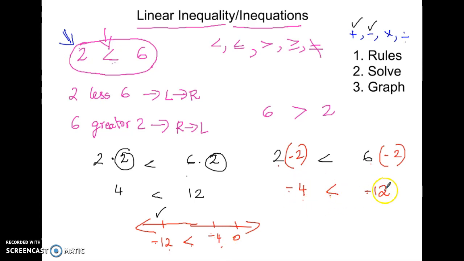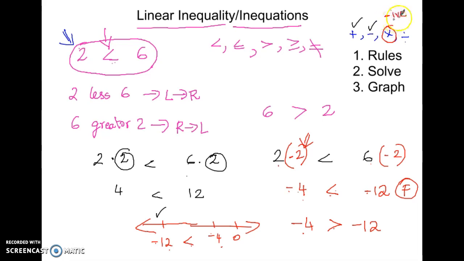So here it says that -12, if you start reading from -12, it's greater than -4, which is false. This is false, not true. So what we need to do is, when you multiply with a negative number, always remember to flip the inequality, then only it will remain true. So -4 is greater than -12. Okay? So whenever you multiply, multiplication actually changed the inequality of a negative number.